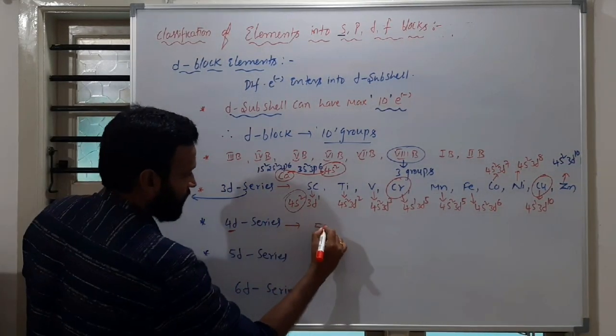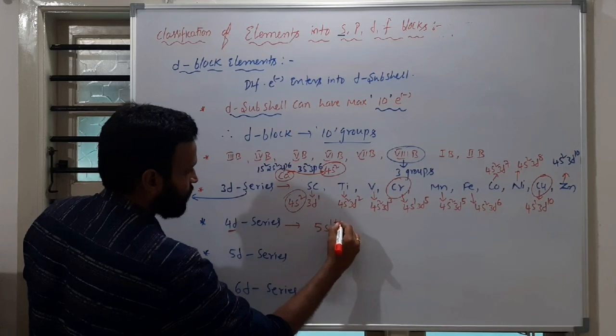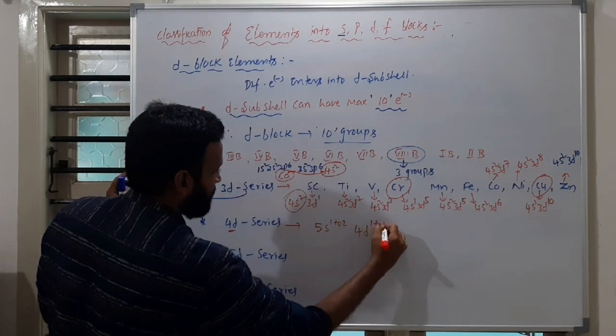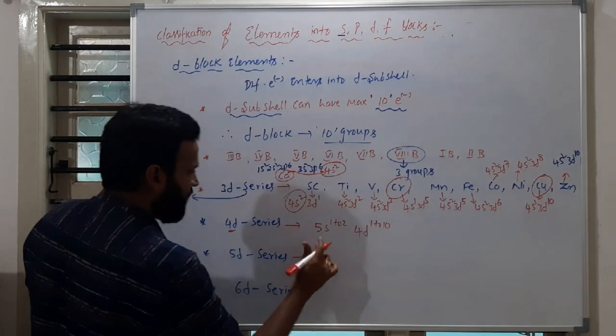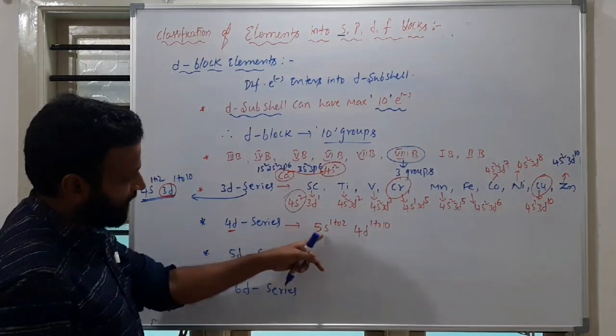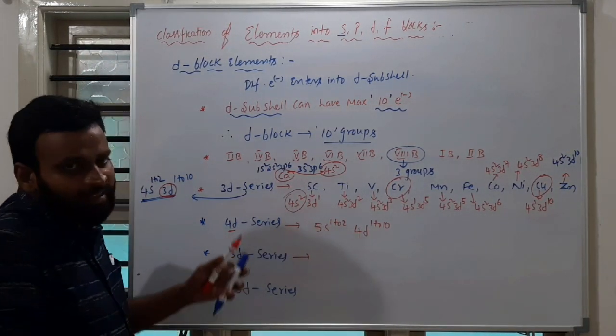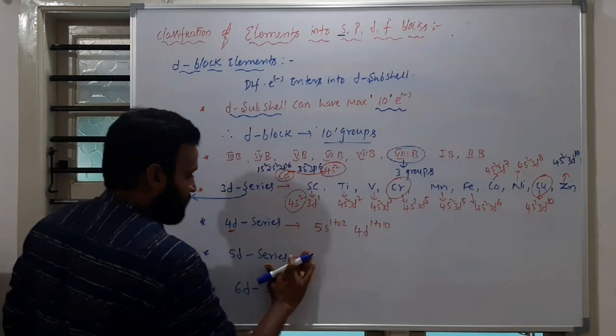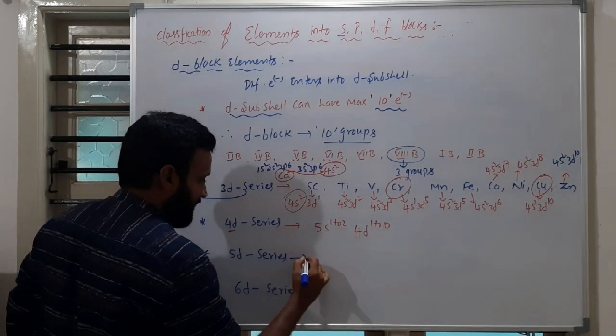Instead of 4s, 5s1 to 2 and 4d1 to 10. Otherwise if you write 5s2 also, it's not a mistake, but if you represent 5s1 to 2, that is better. Okay, that's good. You can understand very clearly.